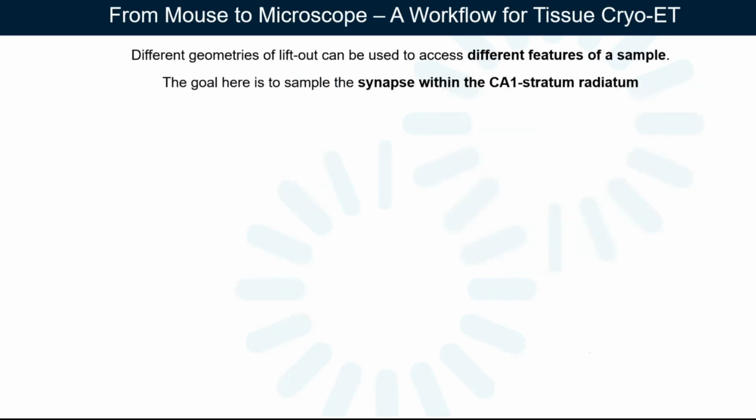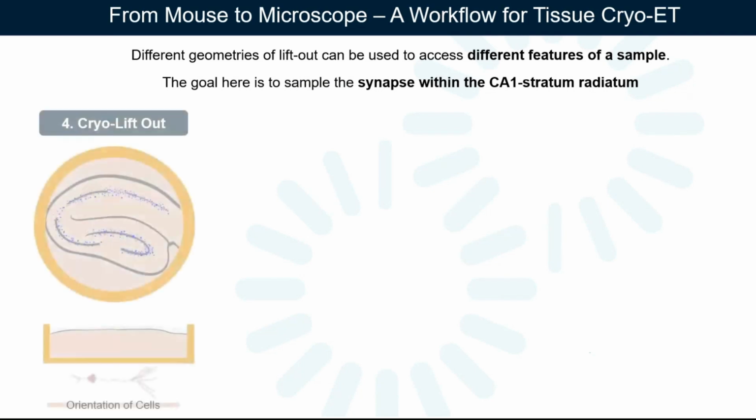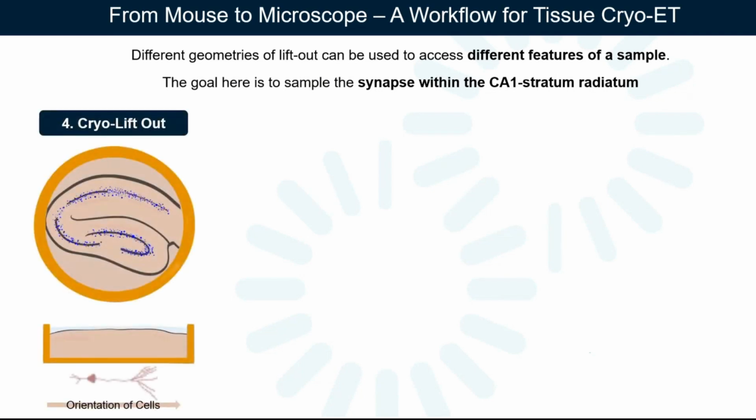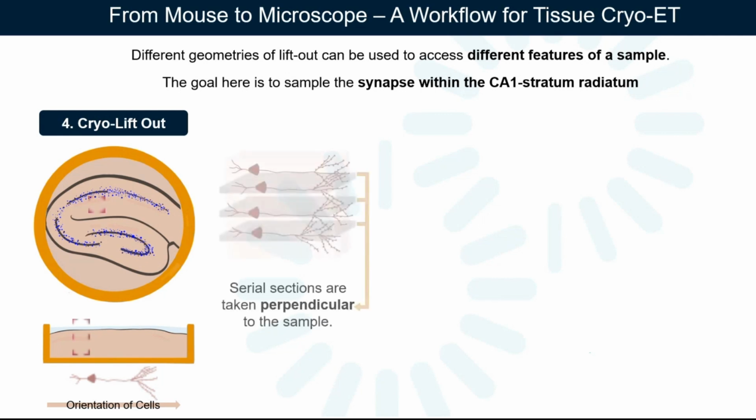There's been a couple of strands of optimization going into the lift out protocol for tissues, and one of them is what we're going to call a perpendicular lift out. So here's a schematic of the high pressure frozen sample. Top is the top down view, and on the bottom, if you look through the side, you can see the tissue on the bottom, and the cells are oriented this way from the slicing.